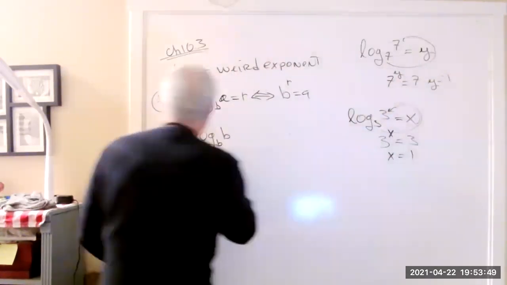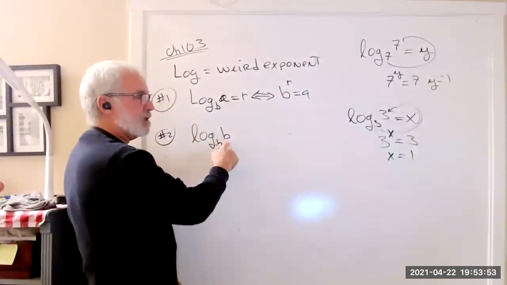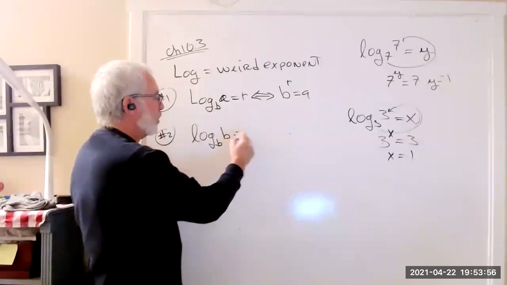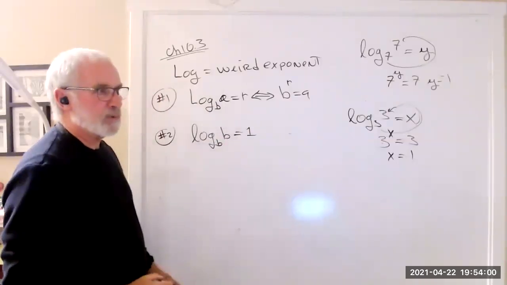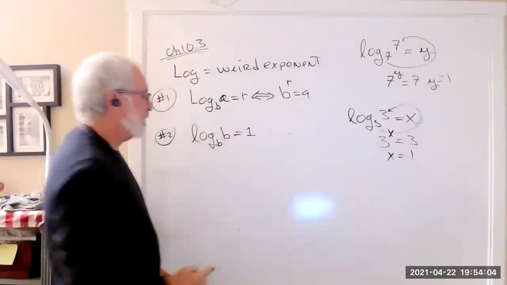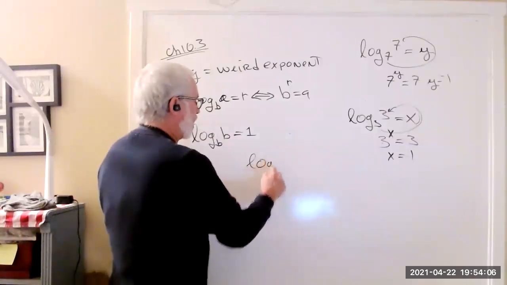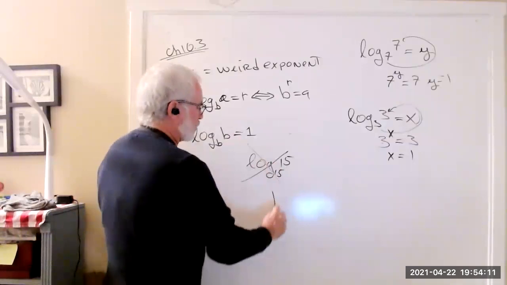So come back over here. Log base b of b is always worth 1. You can instantly simplify your problem. Bingo, just like that. So if you ever see log base 15 of 15, you go, forget that, the answer's 1.